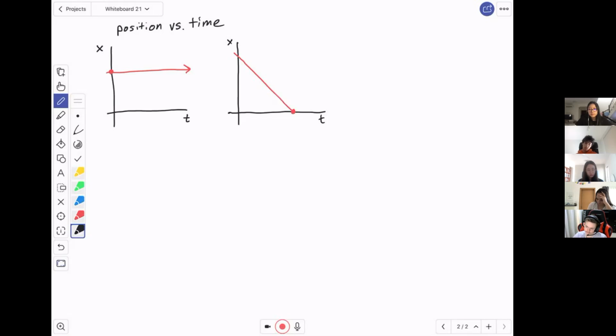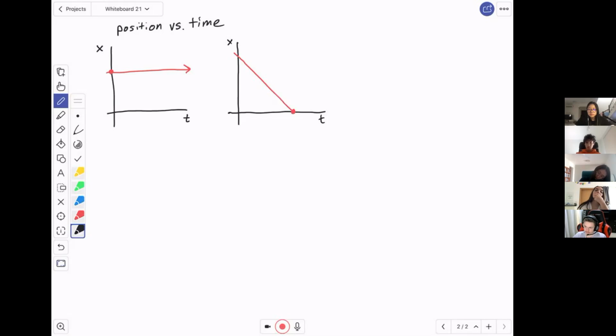All right. What else can you tell me about the slope? What does the slope give us? It tells us that x gets smaller over time.